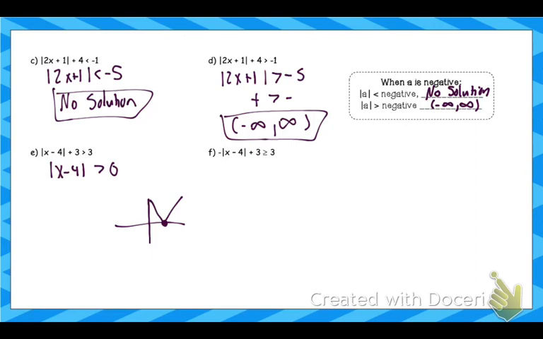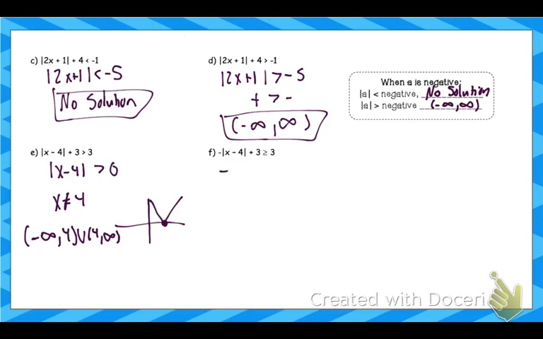And when it's equal to 0, it's not greater than 0. So the place where it equals 0 is at x equals 4. Since that is not a true statement, that is the only value that x cannot be. So in this case, x does not equal 4. If you want to write that in interval notation, -infinity to 4, union 4 to infinity.